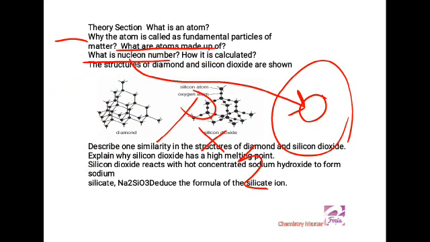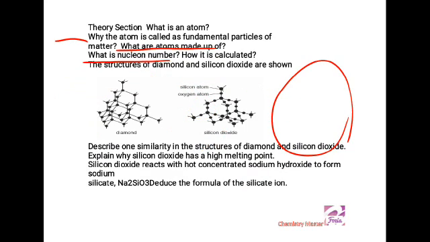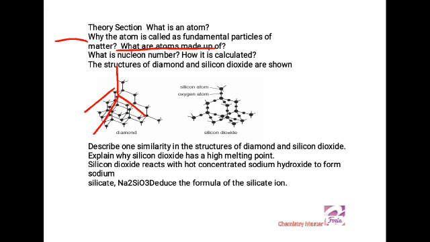Now the next part is the structure of diamond and silicon dioxide, shown here. Just see the structure deeply. This is something like this, and another time I have the similar structure, meaning they are tetrahedral.